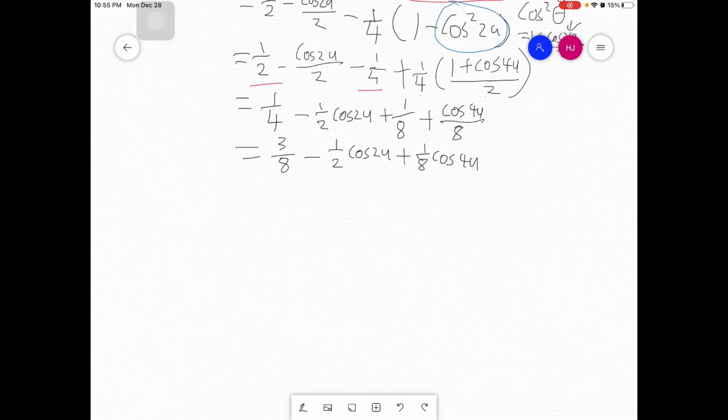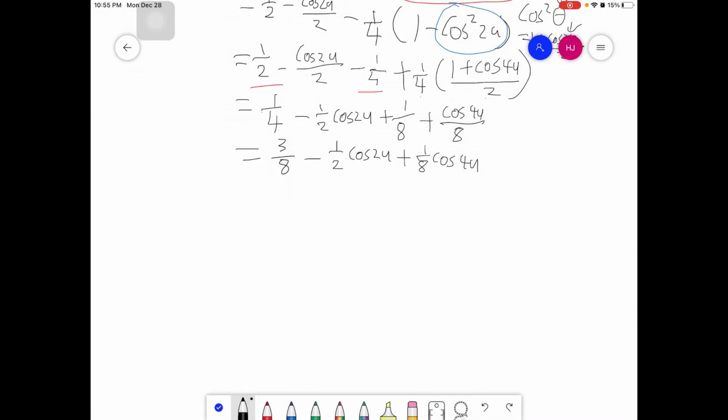So now we can integrate it. If we just integrate this, we get 3 over 8 u minus, that would just be 1/4 sine 2u.